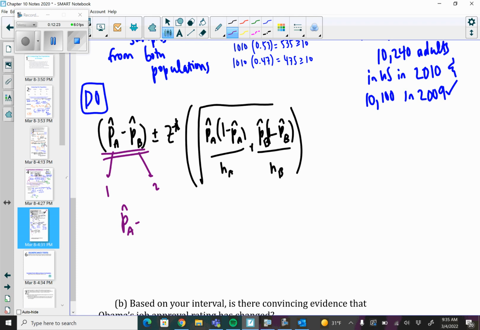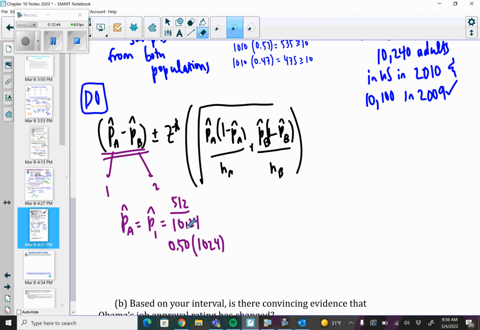So p hat A, which really is going to be p hat 1 in our calculators, was 50% of 1024, so 512 over 1024.